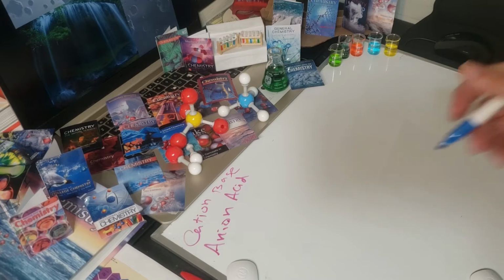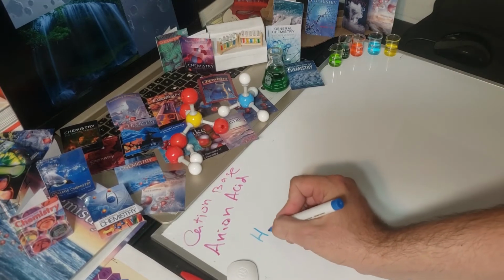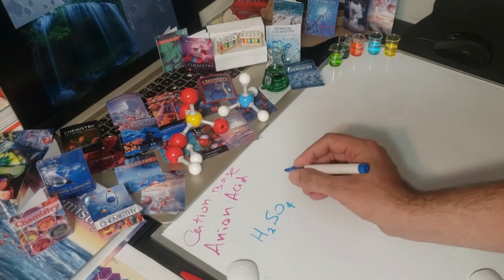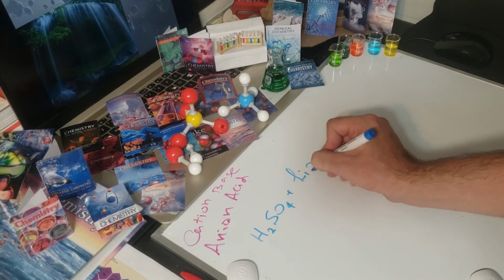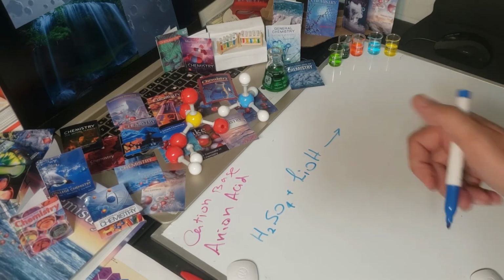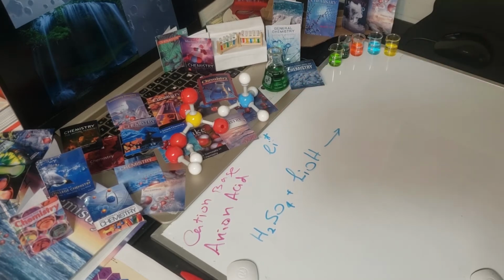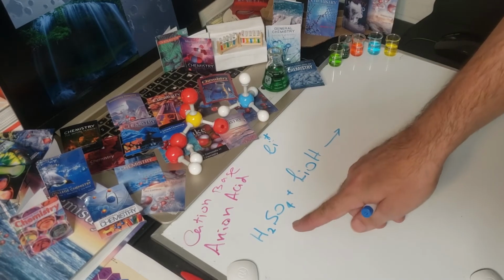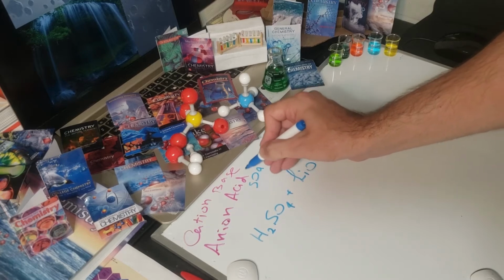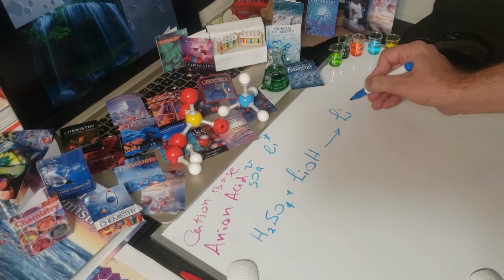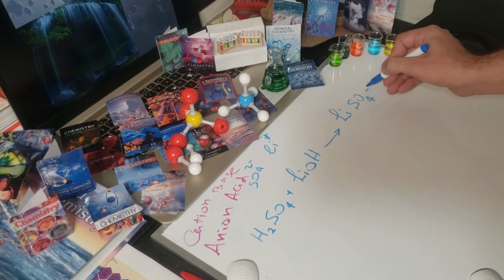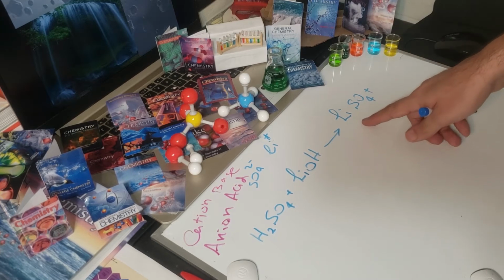And as I move on, you do H2SO4 plus LiOH to give you, again, the cation is lithium plus, lithium is group 1, and the anion from my acid is SO4 double minus. So I go Li2SO4.